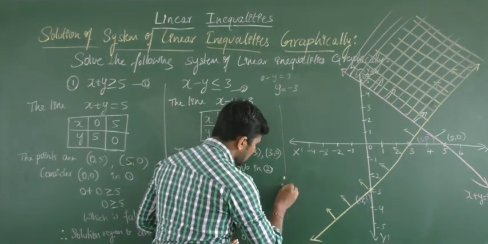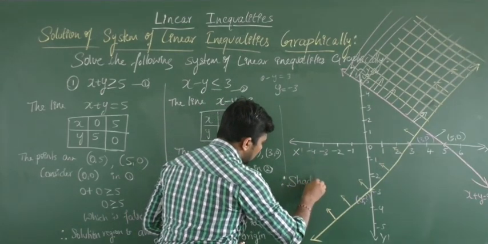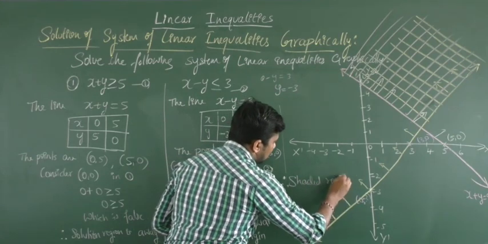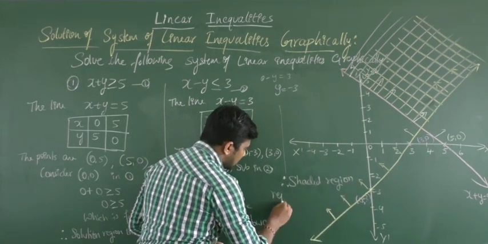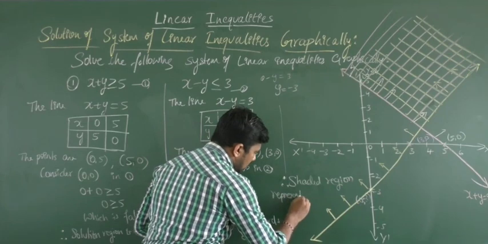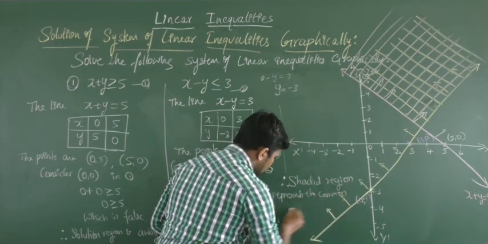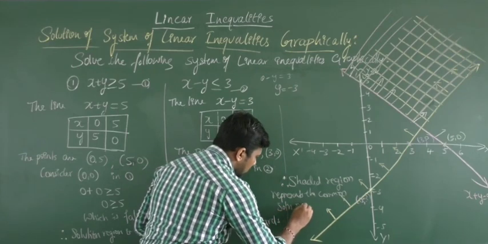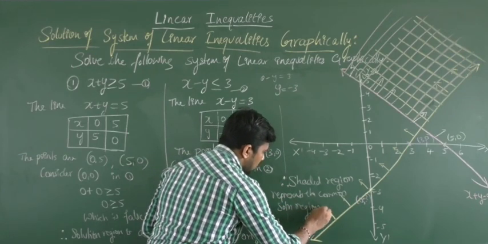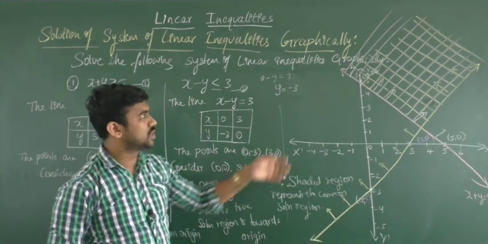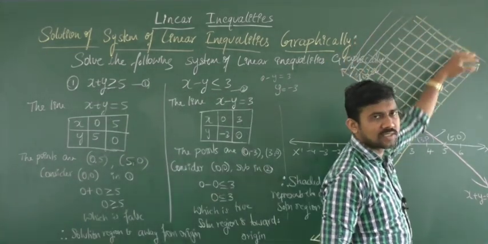Therefore, the shaded region represents the common solution region. Here we get infinitely many solutions.